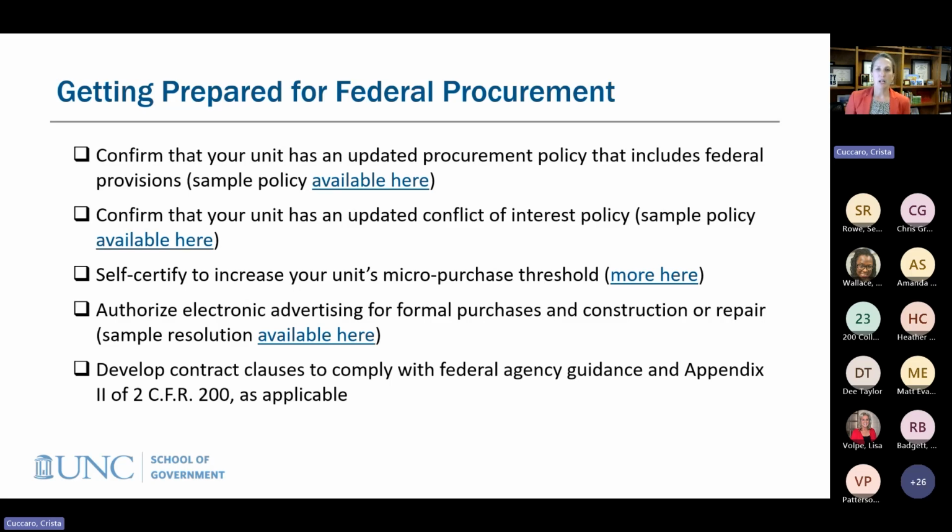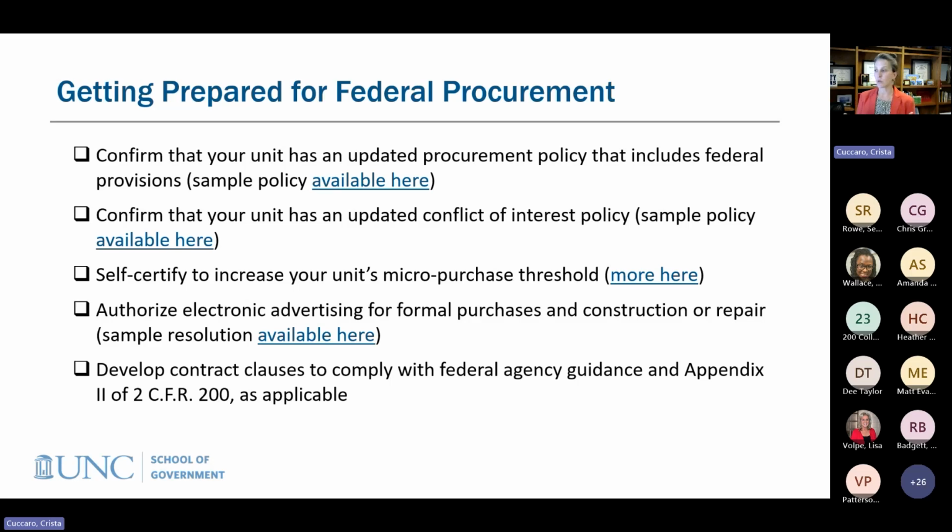You want to develop contract clauses to comply with federal agency guidance and Appendix 2 of 2 CFR 200. We just spent this latter session talking about all of those contract provisions and the cross-cutting federal requirements. So you want to make sure that you have contract clauses that are appropriate for the project.